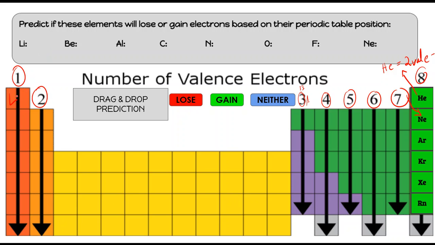So lithium, remember lithium's right here. That's lithium. No, that's hydrogen. Sorry, lithium's down here, the second block here. Lithium has 1 valence electron, and we talked about it last time. So lithium's going to lose that 1 valence electron, so it becomes Li+.